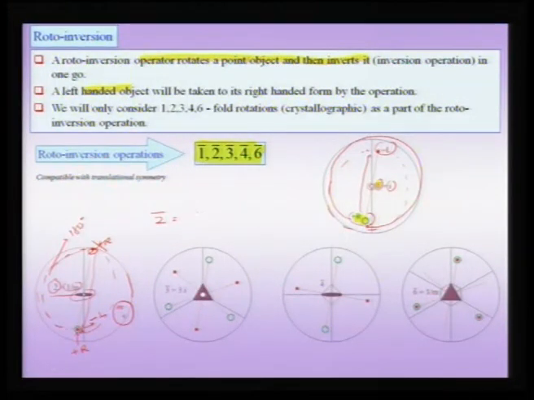Therefore, I can break down this 2 bar operator as a combination of a 1 and an M. Therefore, this is my compound operator and this is my combination of a 1-fold and a perpendicular mirror.